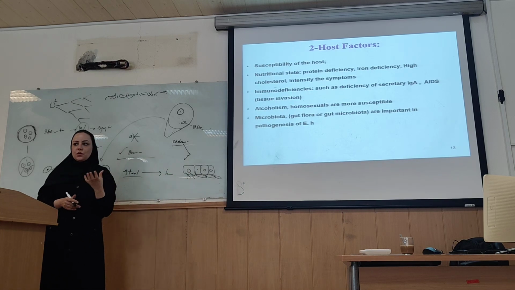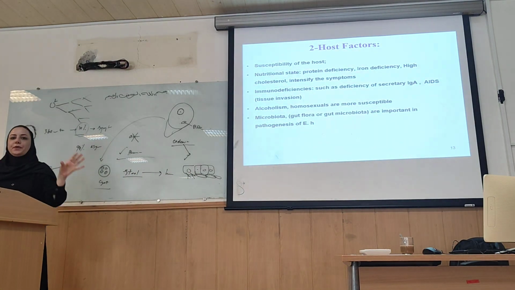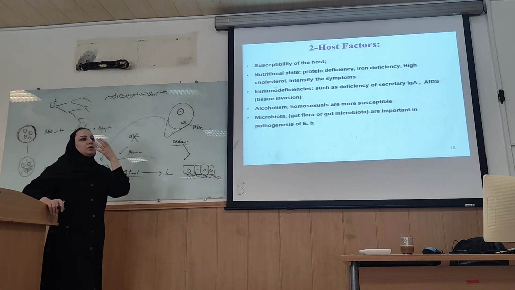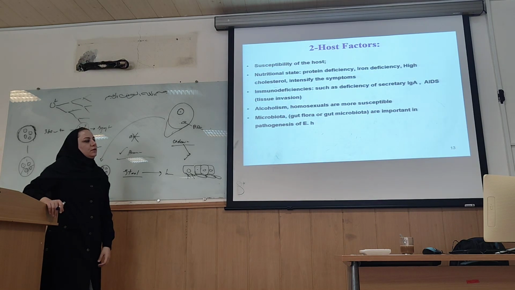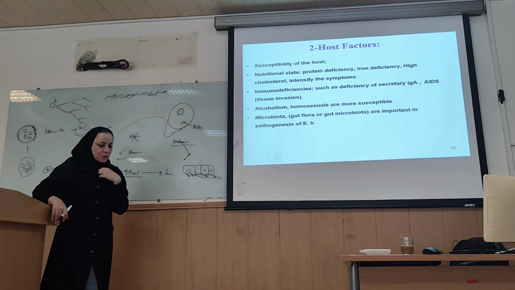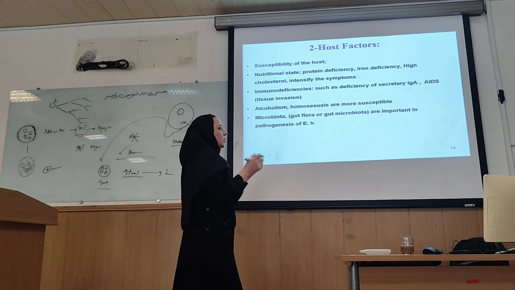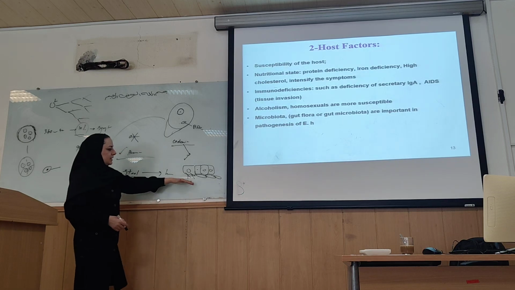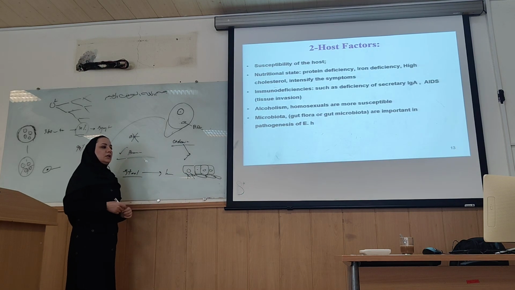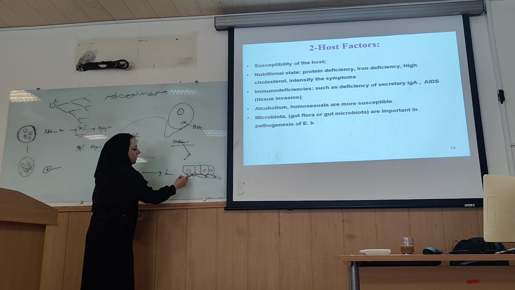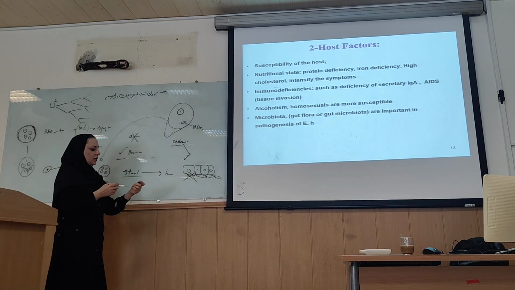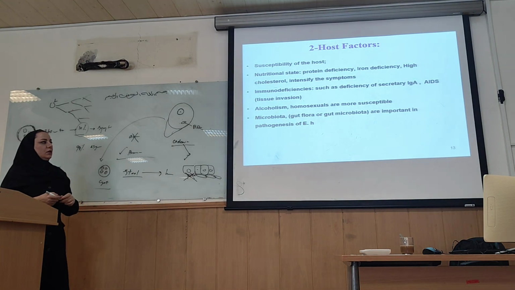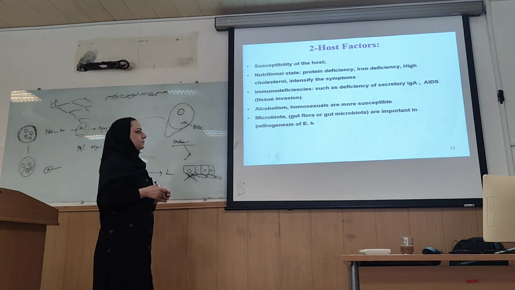We have a very strong immune system that covers our mucosa, our digestive tract, our lung, for example bronchi, vagina, all of them. We have so much secretory IgA that inhibits attachment of the microbial agent. In some patients, they are deficient in this IgA, so they are more sensitive to any microbial agent like histolytica.